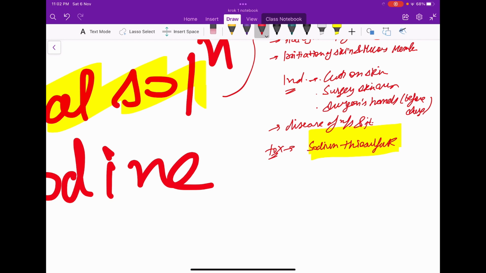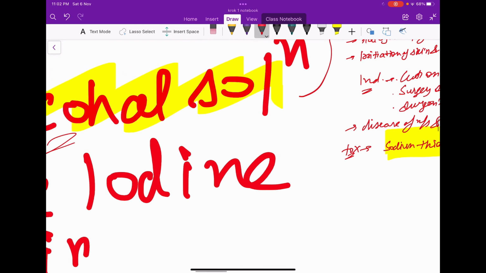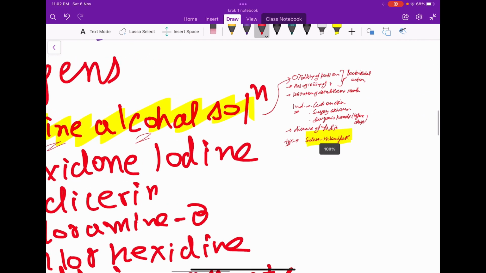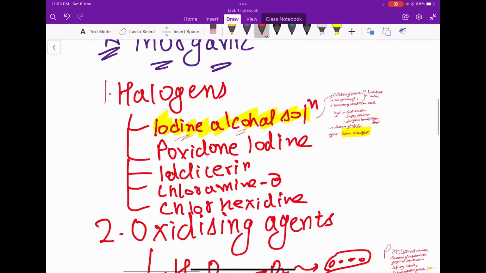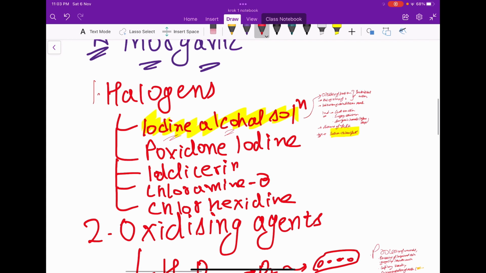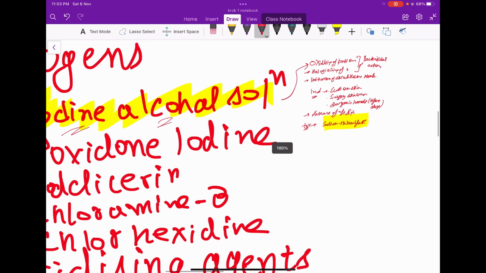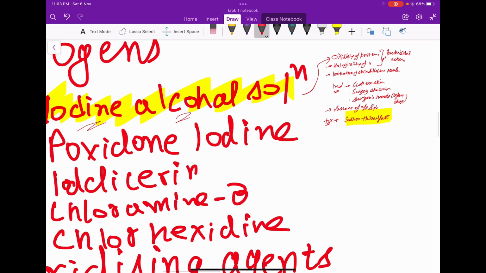Thereafter, let's move towards another drug. The other one is povidone iodine. And guys, think about it: most of the drugs have about the same action, so I will just repeat them. Povidone iodine is a chemical compound of povidone, hydrogen iodide, and elemental iodine.